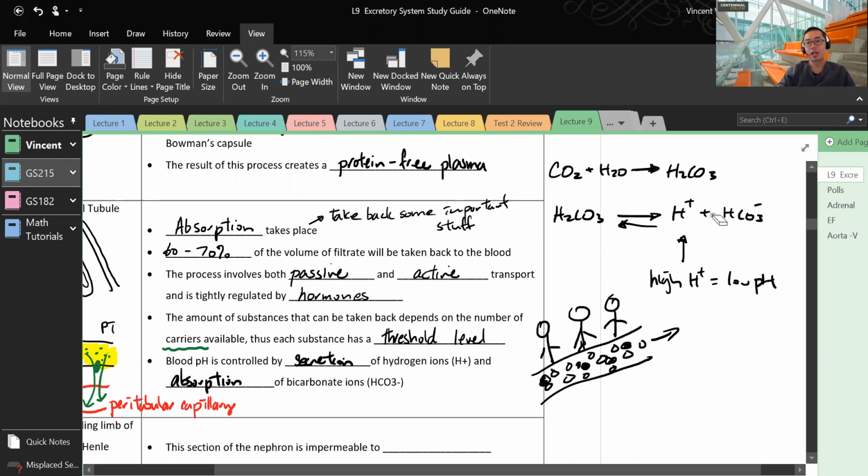When you absorb bicarbonate, the extra bicarbonate will mop up the excess H+. These two can combine and form H2CO3. So by getting rid of excess H+, either by secreting it or by absorbing more HCO3- to combine with the extra H+, both of these mechanisms will help control the blood pH.